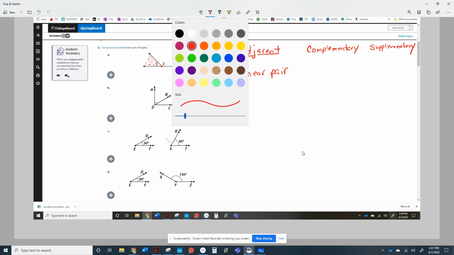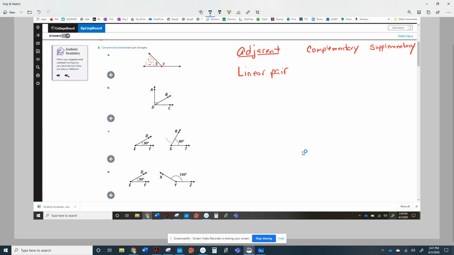And if I change color, let's make it blue, and I put a bunch of blue dots over here, all of these blue dots make up the interior of angle 2. And there's never a place where the dots in angle 1 and the dots in angle 2 share a space. They're two completely different spaces.